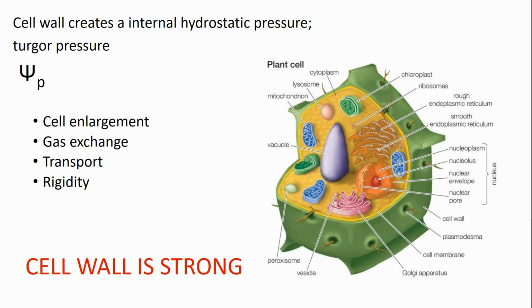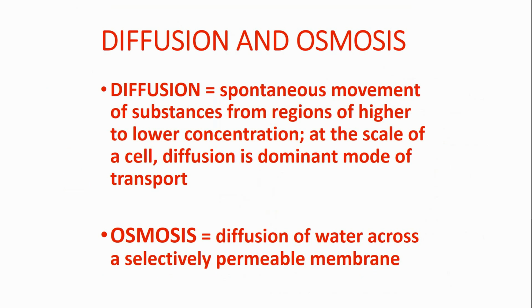Okay, so let's just clarify some terminology quickly, terminology of diffusion and osmosis. Diffusion is the spontaneous movement from a region of higher to lower concentration, and diffusion is a dominant mode of transport. Now, another name for diffusion is osmosis.